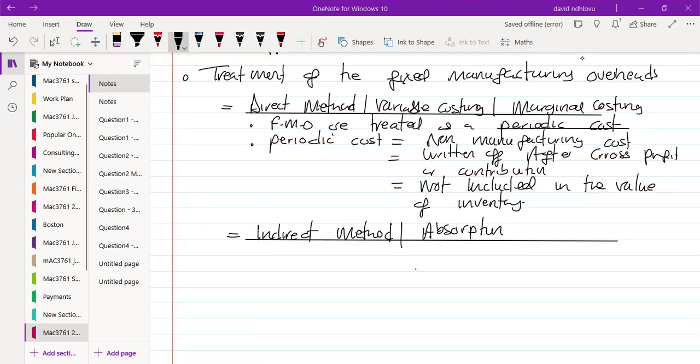Here we are saying the fixed manufacturing overhead is a manufacturing cost. We're going to treat this as a manufacturing cost.